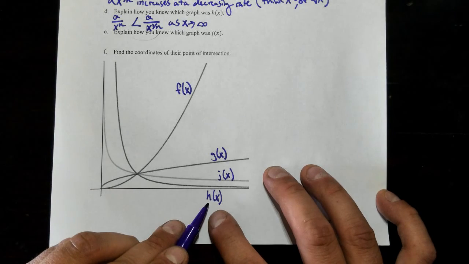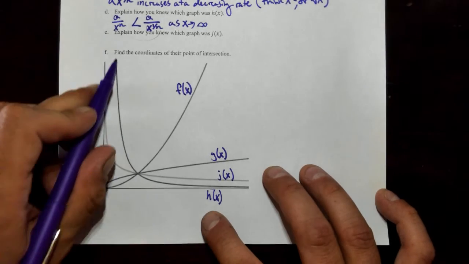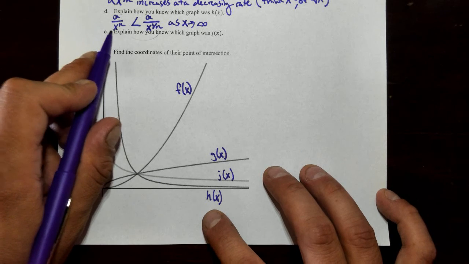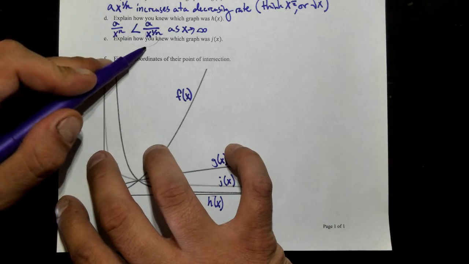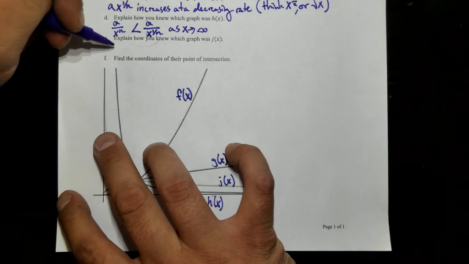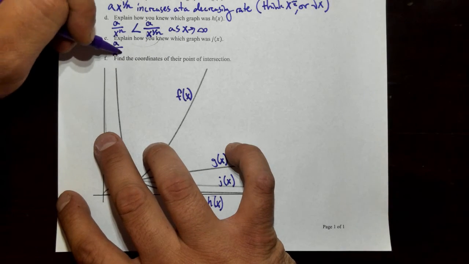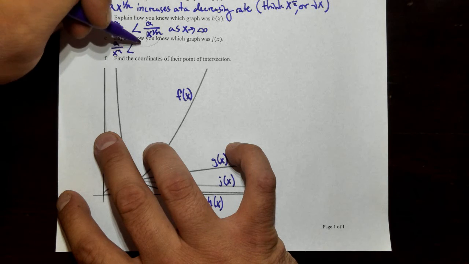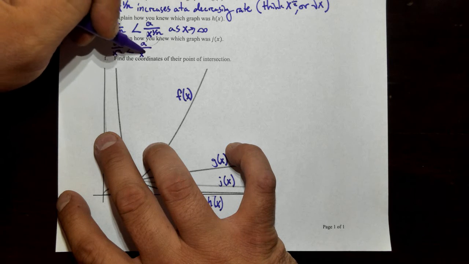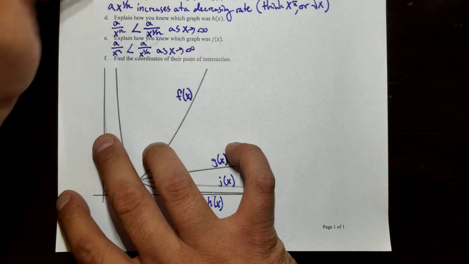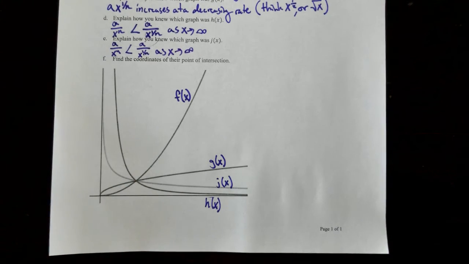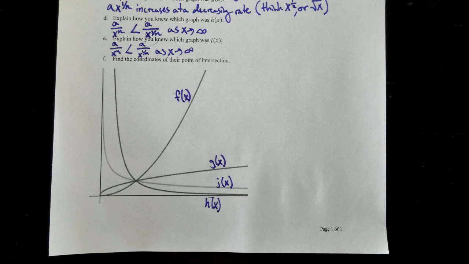And that's how I know that h of x is the one on bottom, because it's going to be less than this function. And so explain how you knew which graph was j of x. Well, the same concept. A over x to the n is less than a times x to the 1 over n as x approaches infinity.